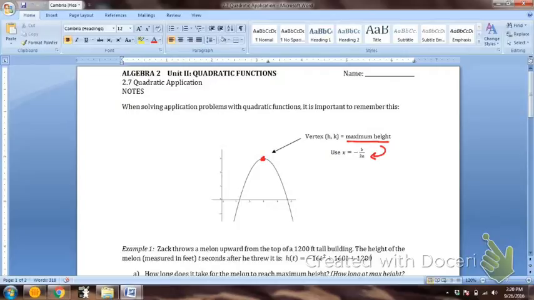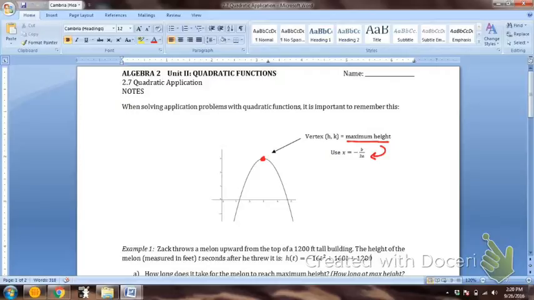It's also the vertex. And the way we find the vertex, remember, is doing the opposite of b over 2a. Not only are we finding our vertex, but we're also finding the maximum of something, whether it's price or the height, which is the majority of what we're going to work with. So we're going to use opposite of b over 2a.